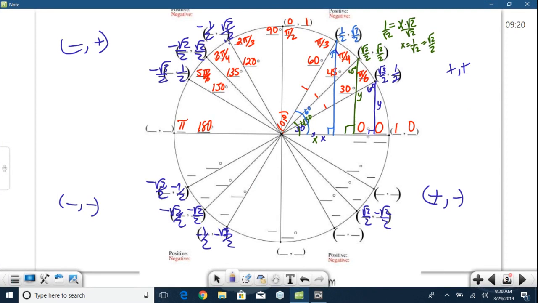So right here, straight line all the way down, 1/2, negative radical 3/2. Radical 3/2, negative 1/2. See how quick it is to fill in all the coordinates? Nothing hard about the unit circle.